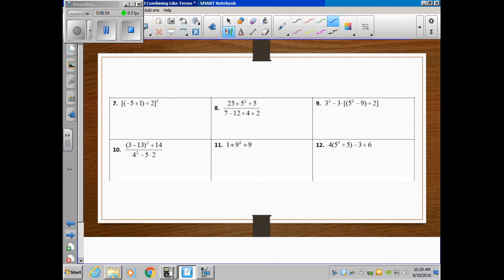Okay, a little bit more things happening here all at once, so let's take a look. I'm going to leave the 3 squared alone for now and the minus 3 because I want to work with what's inside the brackets. Inside the brackets I have parentheses, so I have 5 squared, which I know is 25, minus 9 divided by 2, still working inside. 25 minus 9 is 16.